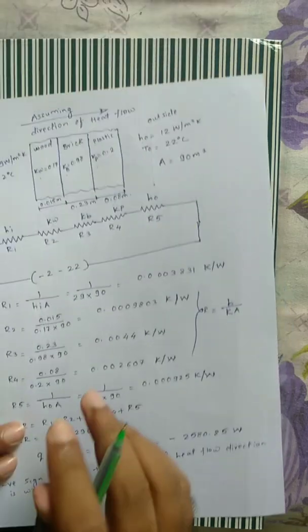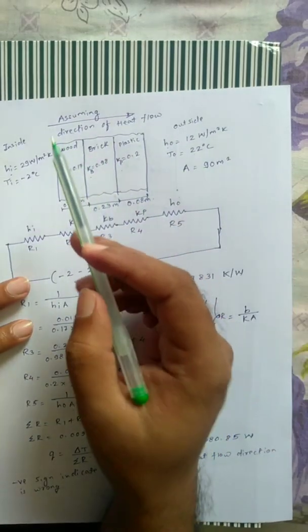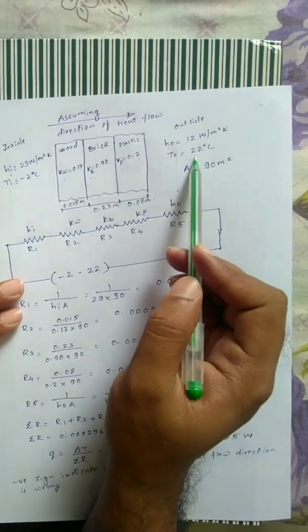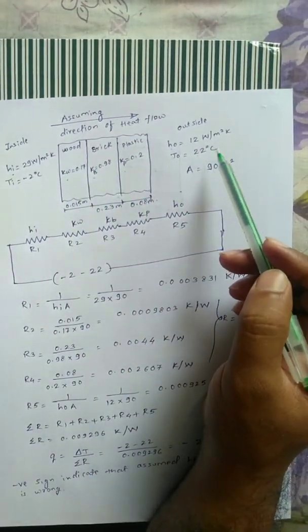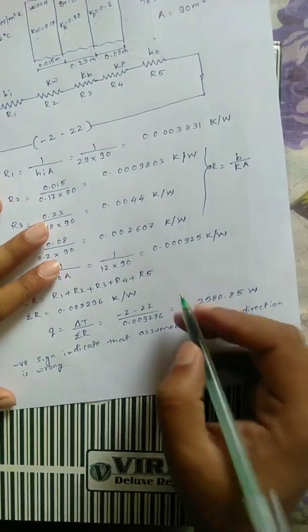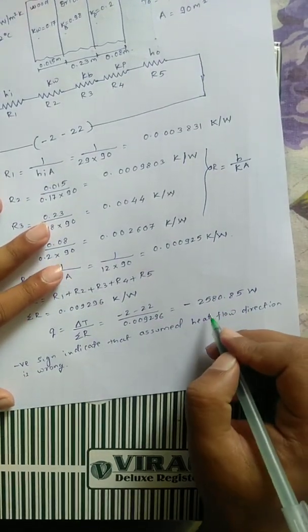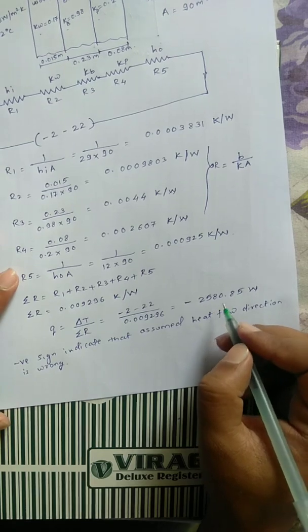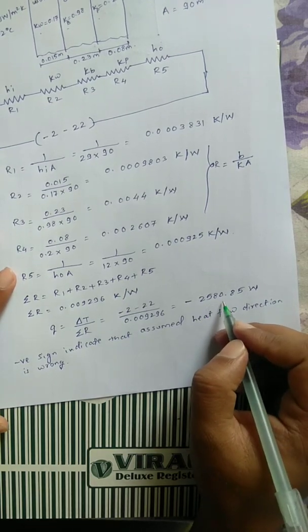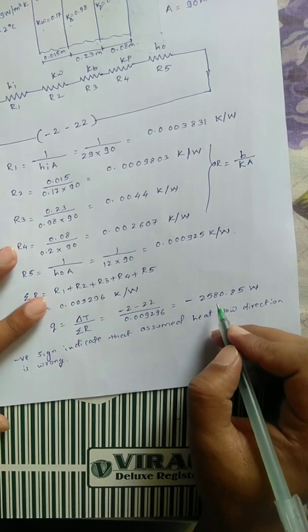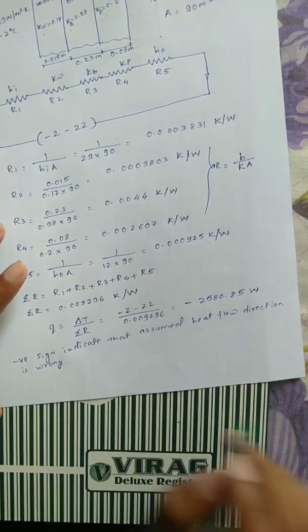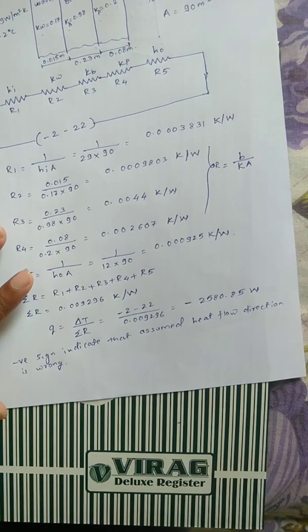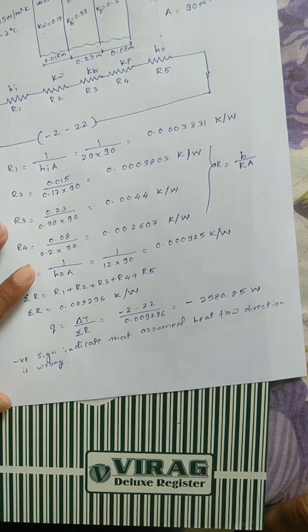What we have assumed initially is that the heat is going to flow from -2 to 22 degrees centigrade, which is wrong. That's why you are getting the negative sign. But is the magnitude going to change? No, the magnitude is not going to change. It is going to remain as it is, that is 2580.85 watt.